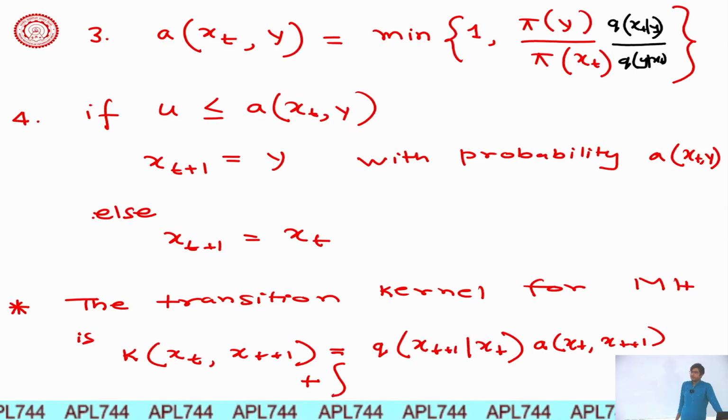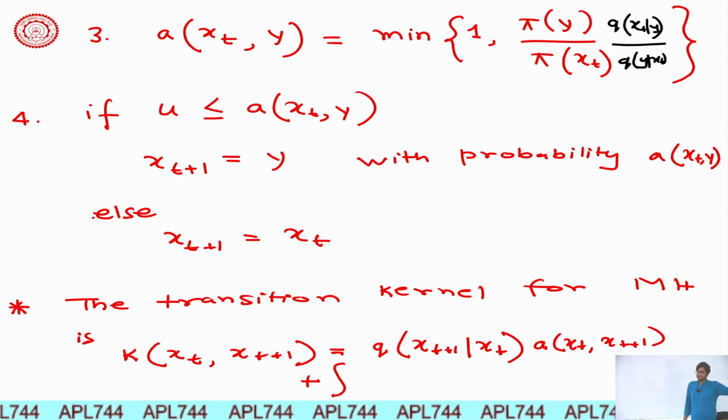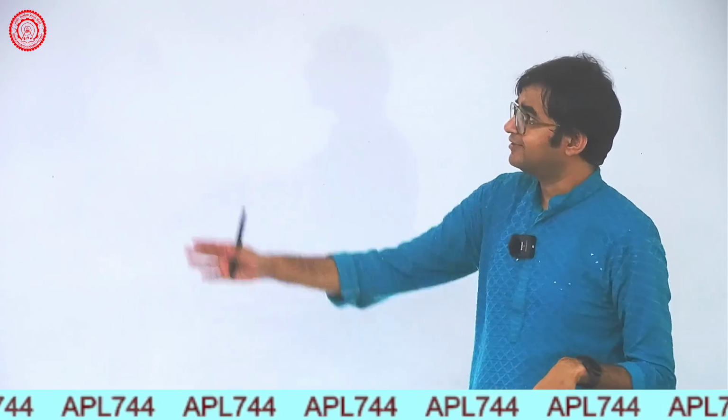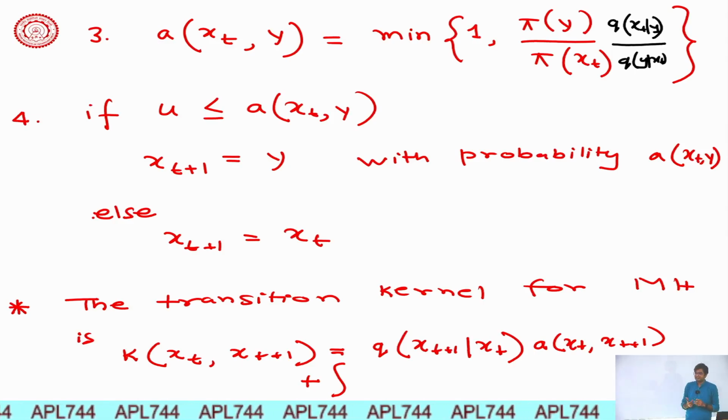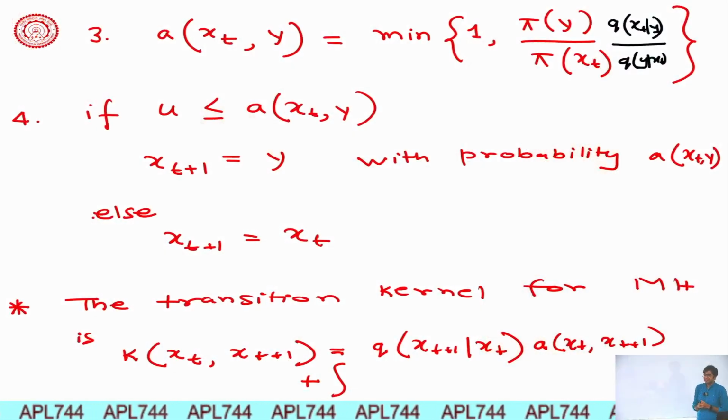Plus the case when it is rejected. Now it can be rejected in n number of ways, or infinite number of ways, because you can draw a y. If that y does not satisfy equation 4, or step 4, if it does not satisfy the if condition, it gets rejected.